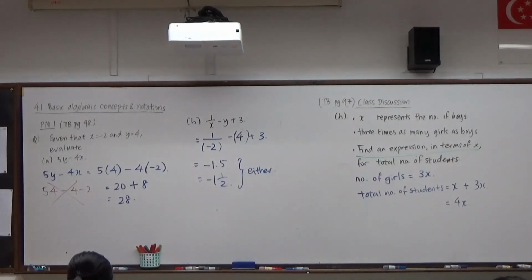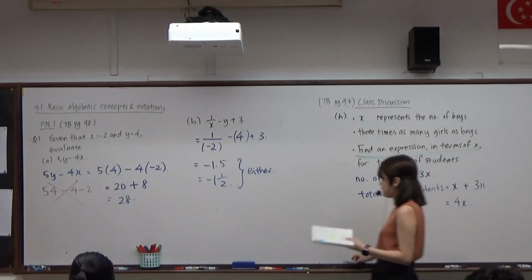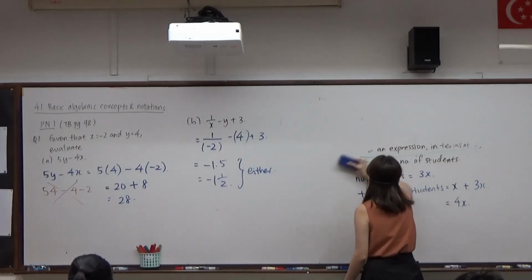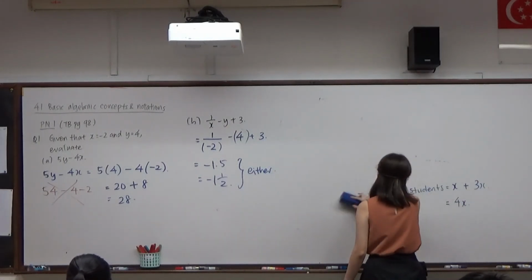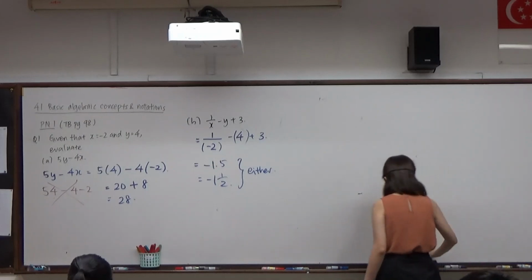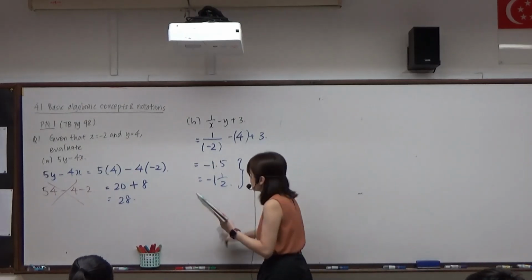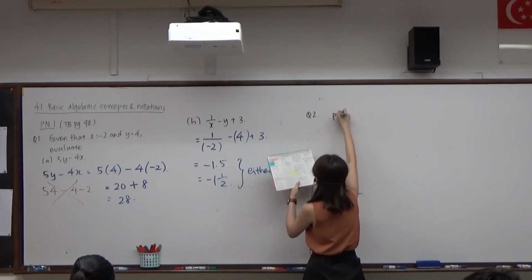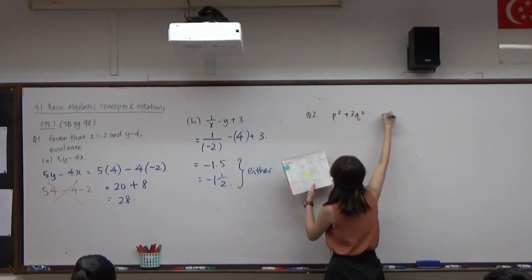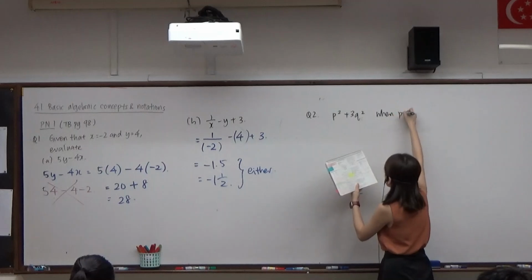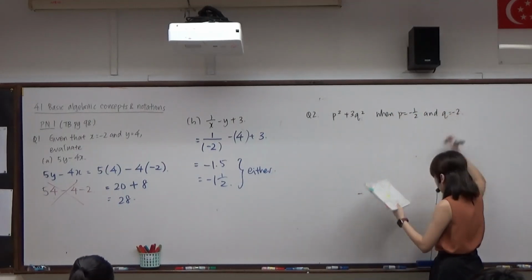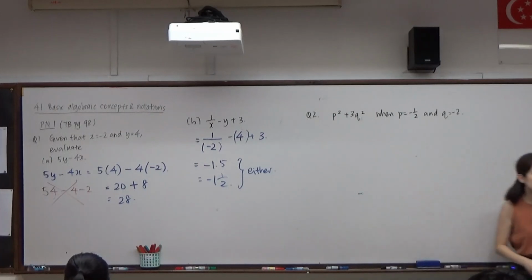Okay, questions? One last one, question 2. We want to find the value of p squared plus 3q squared when p equals -1/2 and q equals -2.